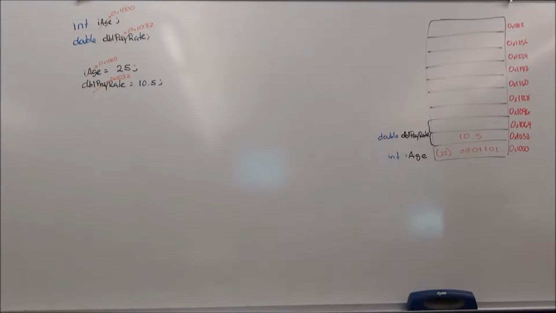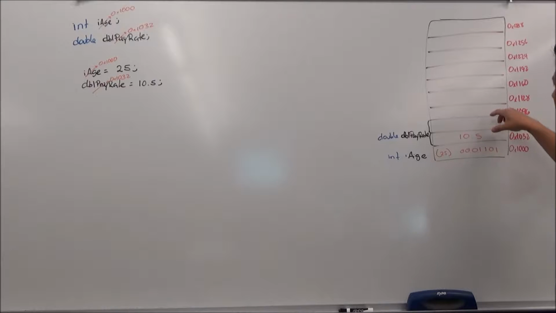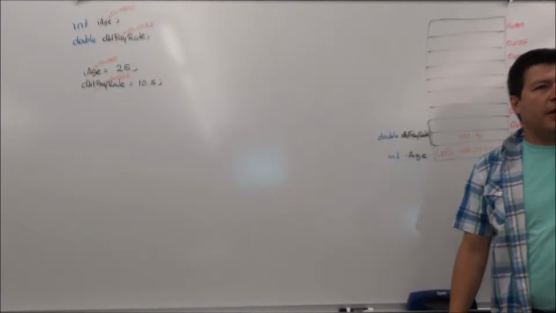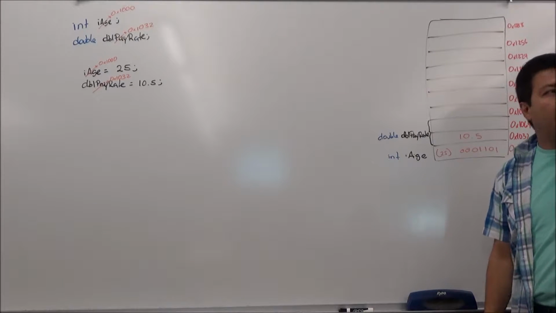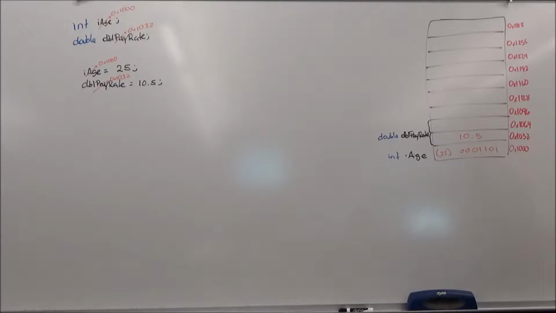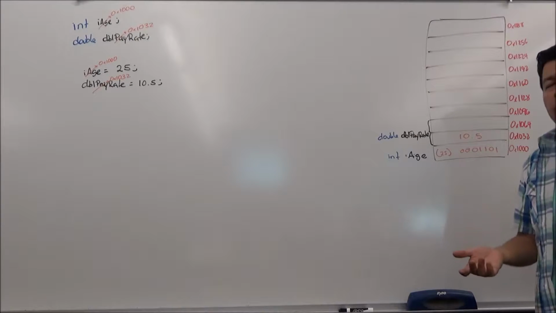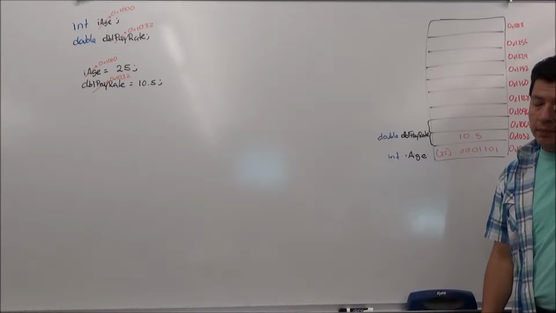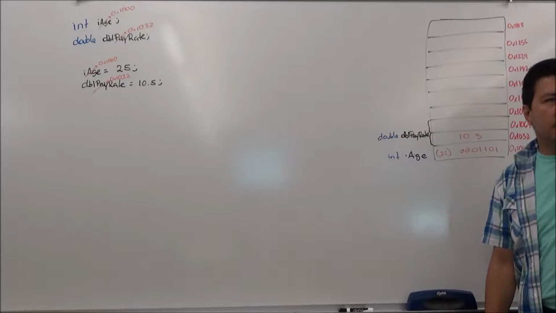But there's another type. So let me ask you this. If each address is 32 bits, or each block of addresses is a 32-bit, and we can allocate 2 to the 32-bit addresses because we had a 32-bit operating system, if I wanted to store an address, how many bits do I need? It's the same, 32 bits.